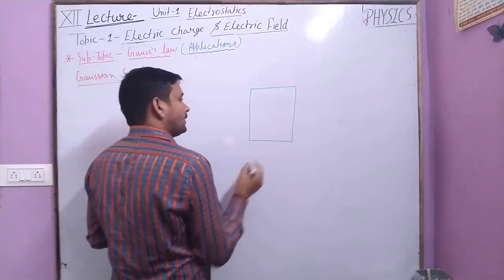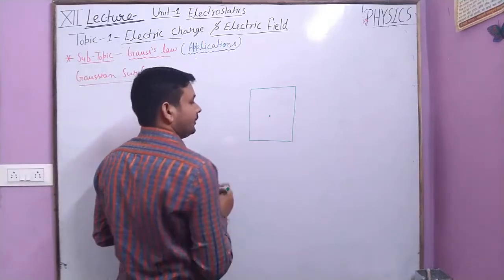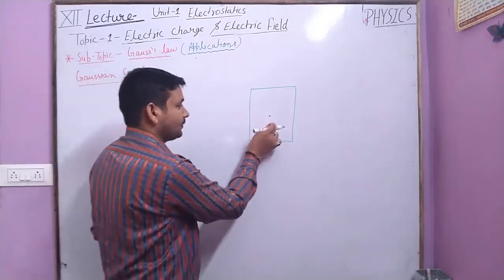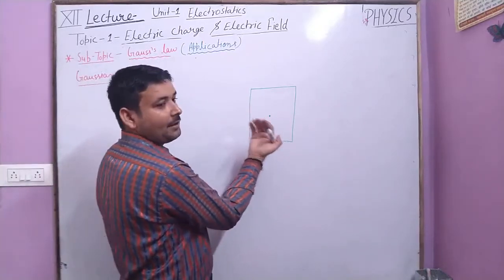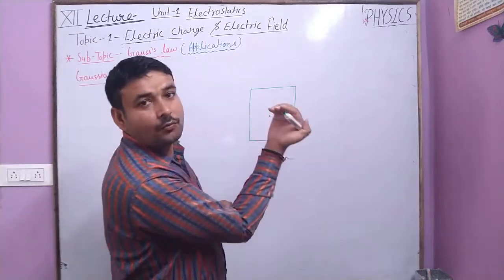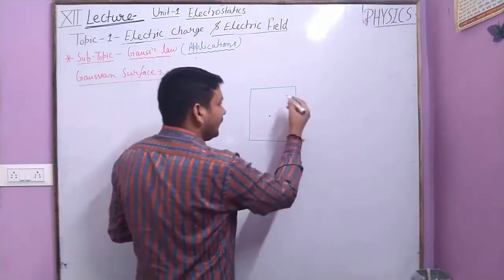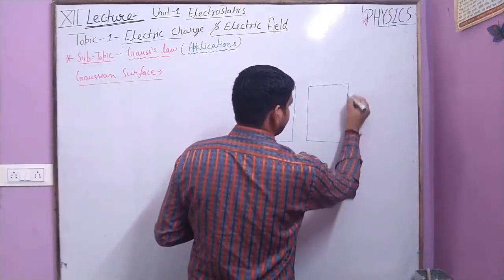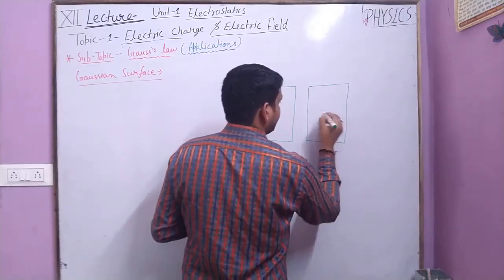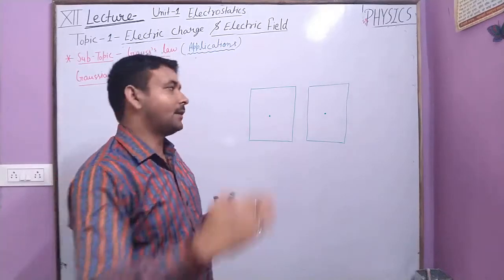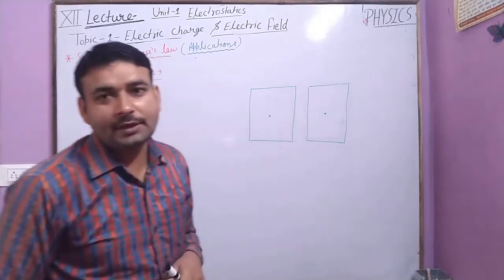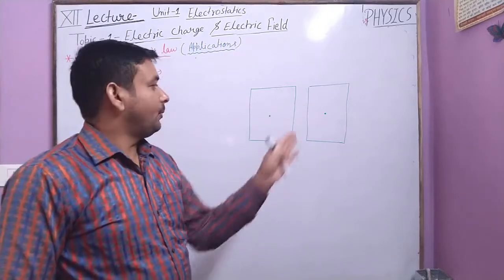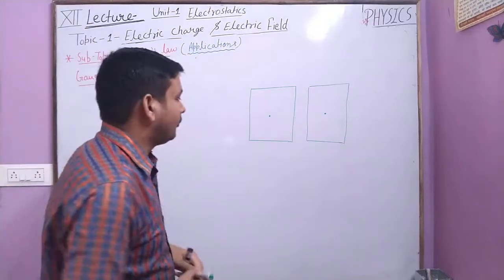For this plane area at this point, the electric field should be out from the surface, which means the area vector should be outward from the surface, and for a similar surface, the field is inward, outward from the plane of paper and inward from the plane of paper.